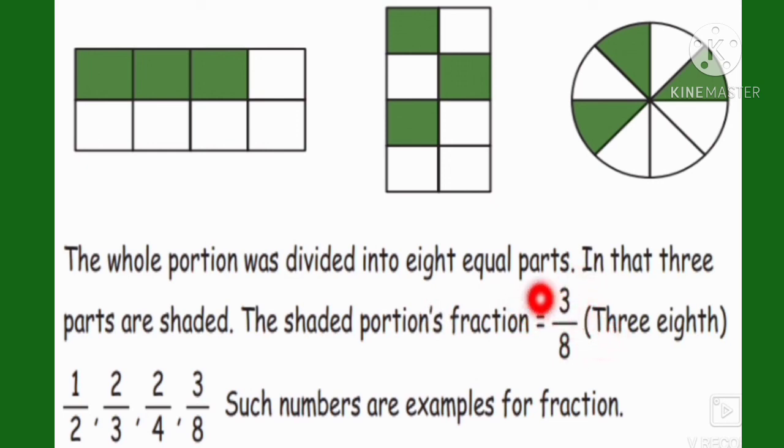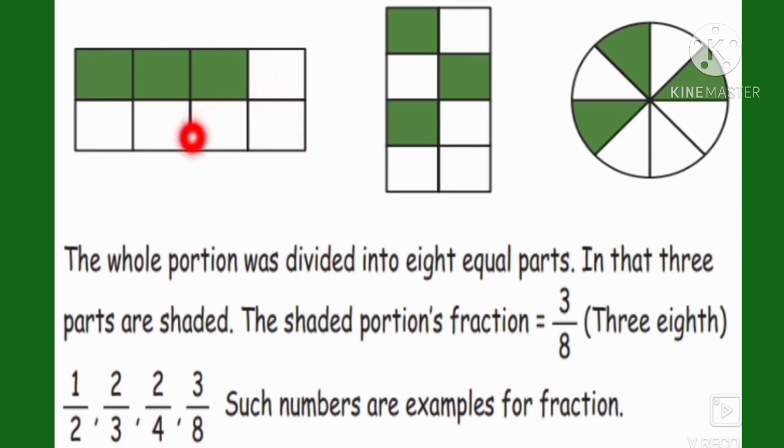And also, children, note, what will be the fraction of the unshaded portion here? Yes, that is 1, 2, 3, 4, 5. So 5 by 8. Did you understand?